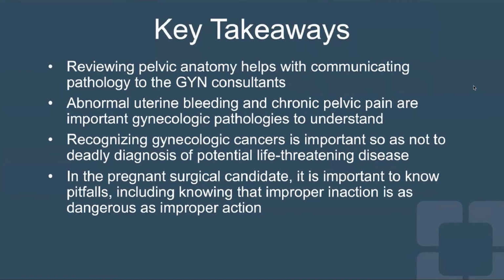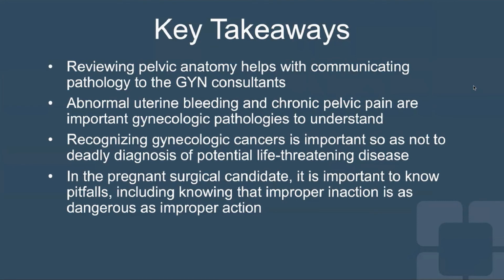Now, I hope reviewing a little bit of the gynecologic considerations of general surgeons, as well as the surgery in the obstetrical patient, has been helpful. The key takeaways I'd like you to take home from this talk are that reviewing pelvic anatomy helps with communicating pathology to gyne consultants. Abnormal uterine bleeding and chronic pelvic pain are important gynecologic pathologies to understand, so that we can adequately refer these back and forth to each other appropriately.